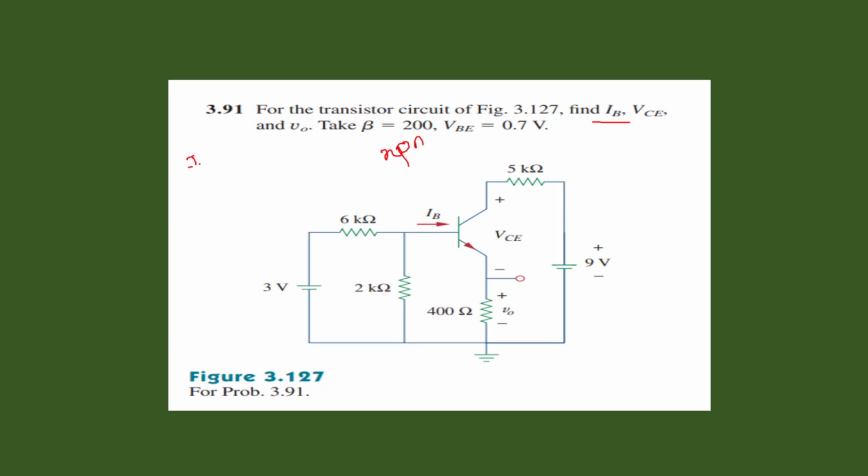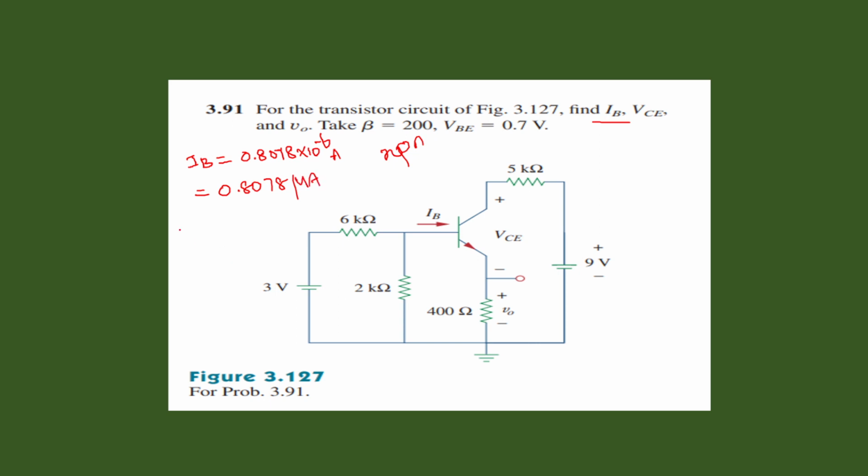Okay, so we found the answer for IB, 0.8078 into 10 power minus 6 amps, or it is 0.8078 microamps.